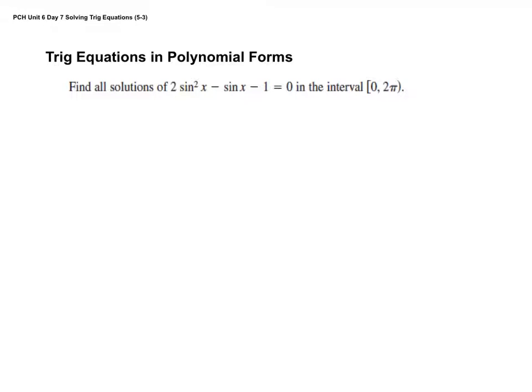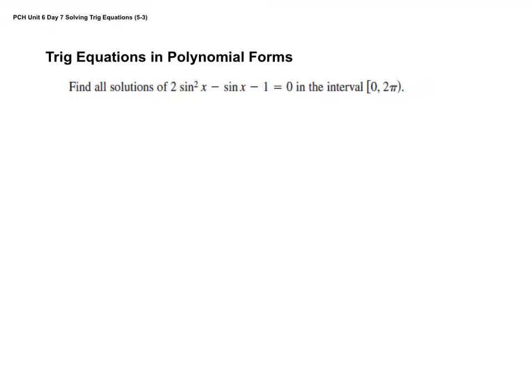The last one from the previous problem, they gave you cosine times cosine minus 1 equals 0. That had come from a polynomial form. Here we have ones kind of similar. You'll see here we have 2 sine squared x minus sine of x minus 1 equals 0.